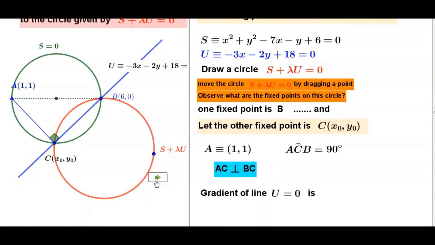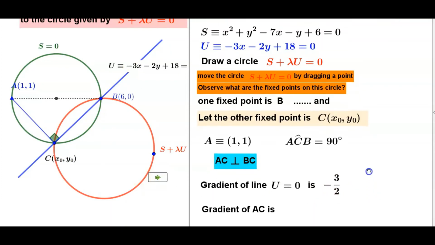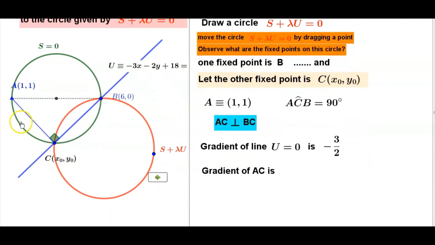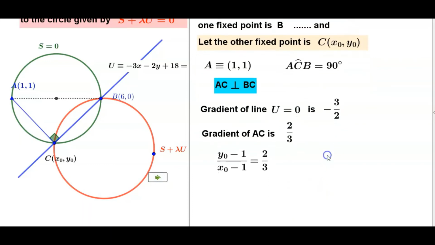The gradient of line u is minus 3 by 2. Therefore, the gradient of AC is equal to 2/3.